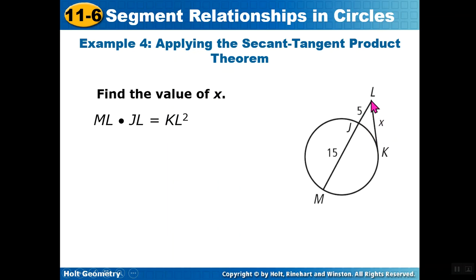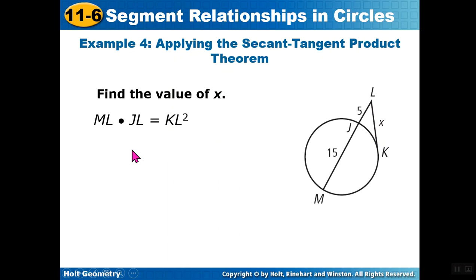The theorem says that if we multiply the whole ML times the exterior part, it will be equal to the tangent segment times itself. It means ML times the exterior part JL is equal to KL times KL, which is KL squared.